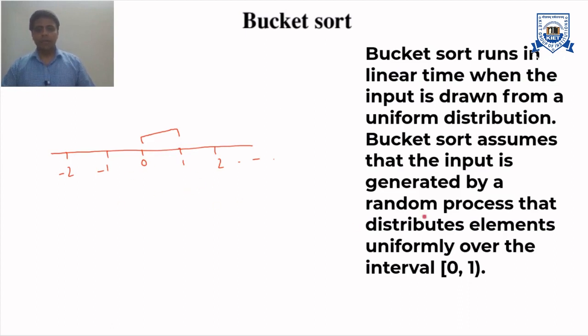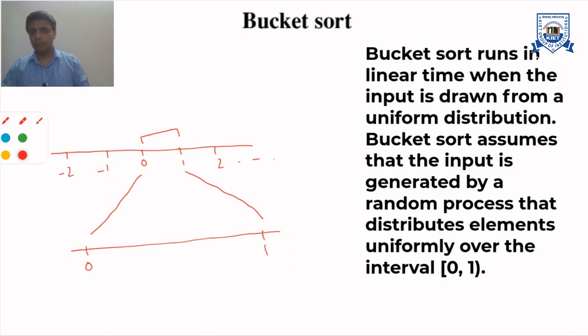And it should be uniformly distributed. What does that mean? Let me zoom into this portion. Whatever data is given for performing sorting, all of it should be equally distributed in this range.